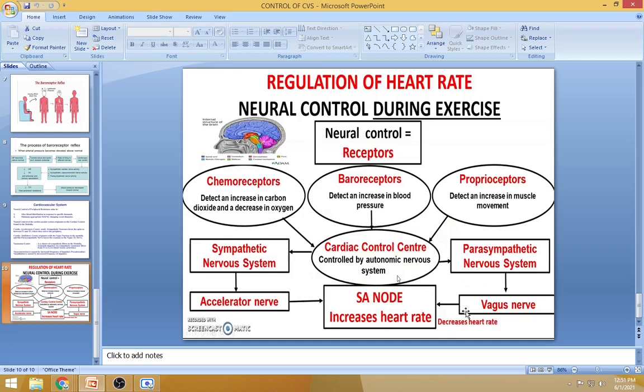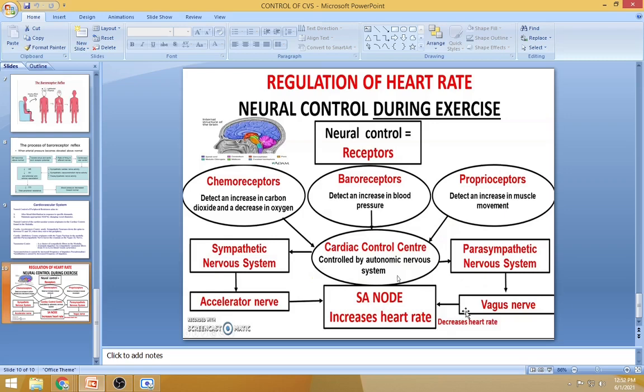So that will result in a kind of reflex that is called the Bainbridge reflex. Okay, so you have a number of reflexes that respond to different kinds of situations, and eventually modulate the function of the cardiovascular system.